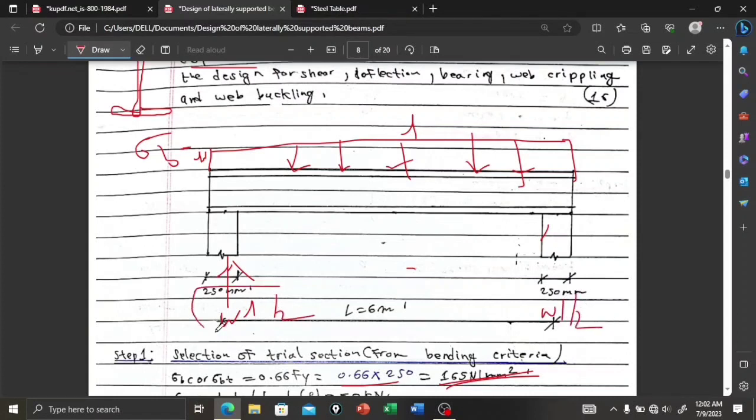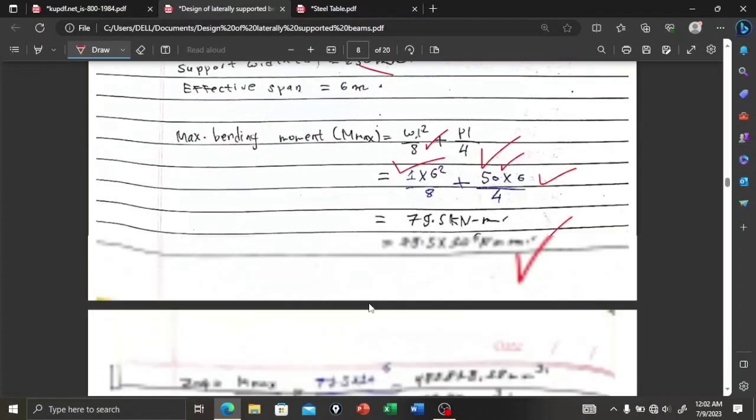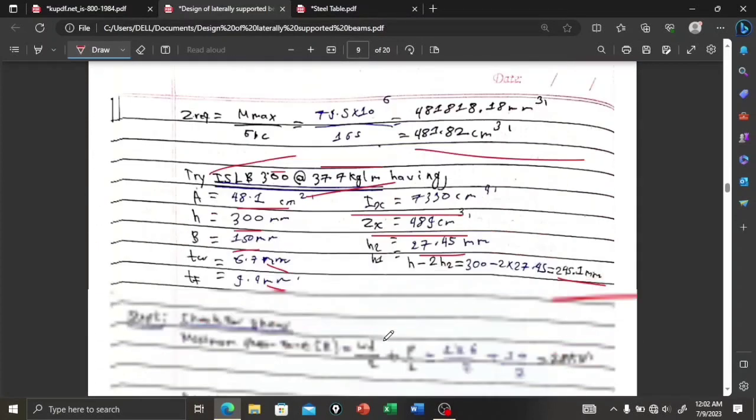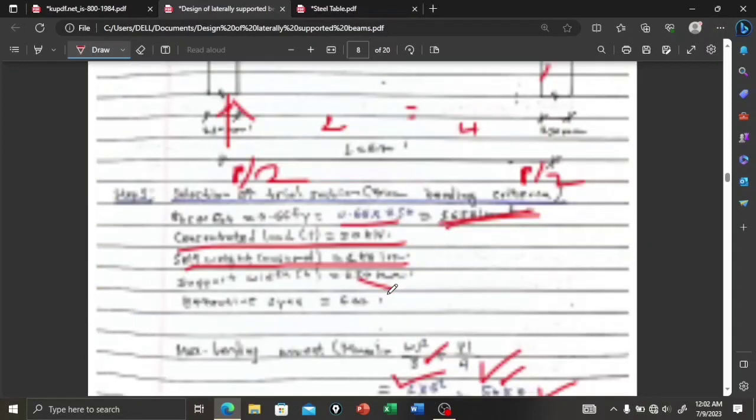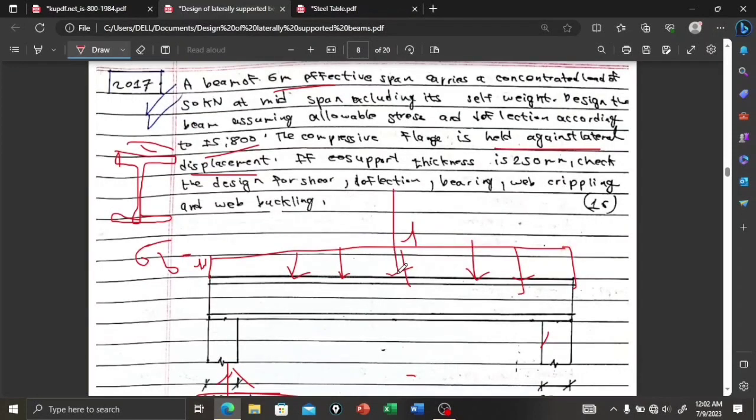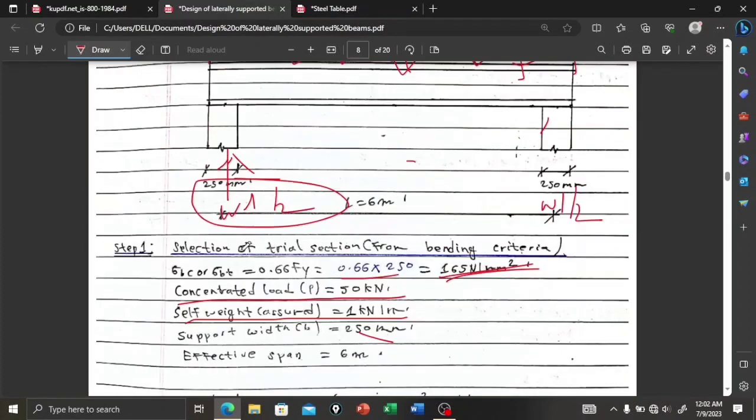So shear force is WL by 2 from UDL, and this is P in center, so this is P by 2 in upward direction and P by 2 in upward direction.